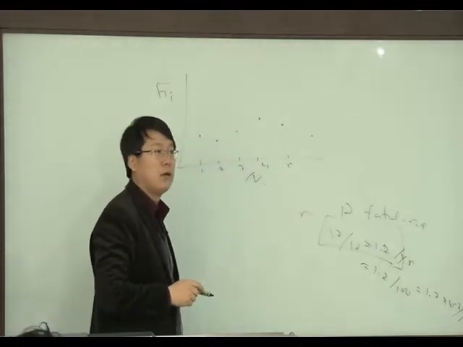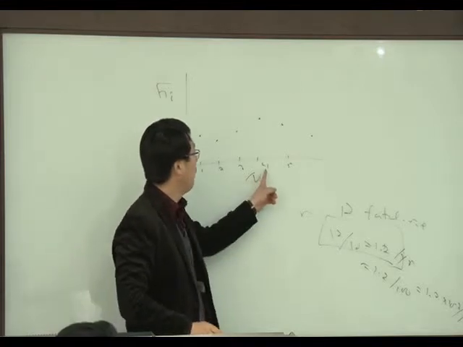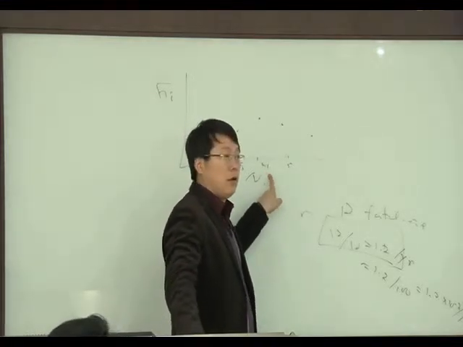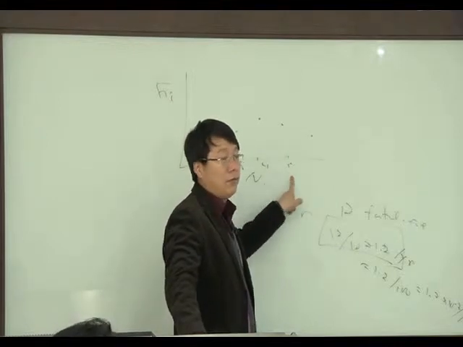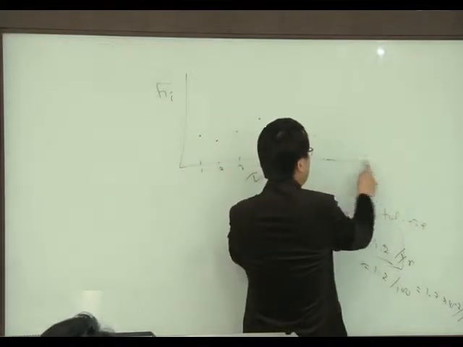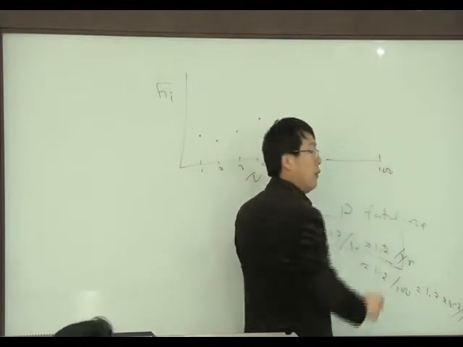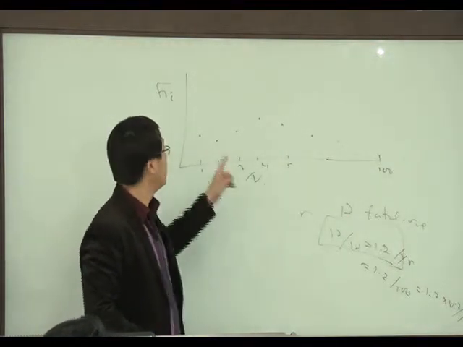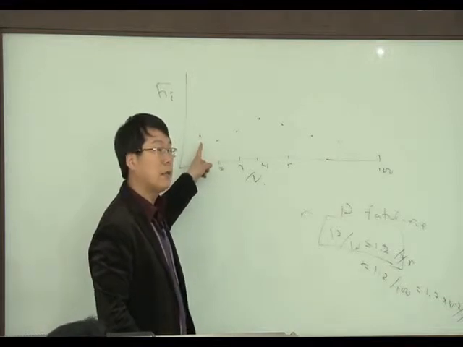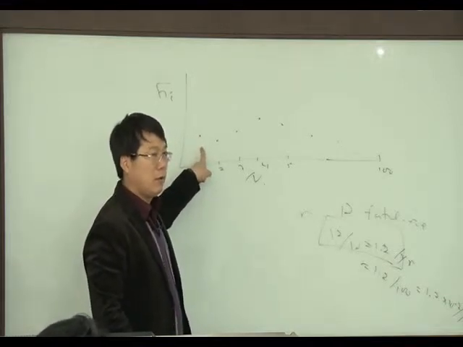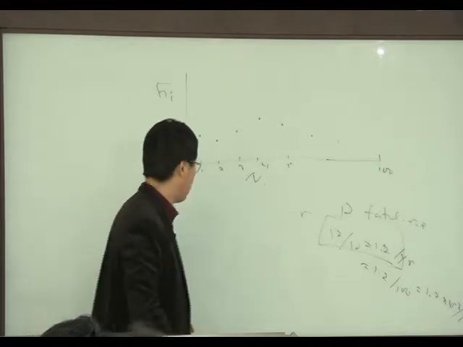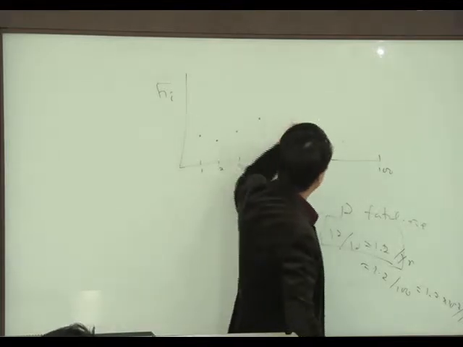Maybe the accident causing 4, 5, or 100 fatalities has lower frequency than the accident with 1 fatality. So typically, the graph is like that.